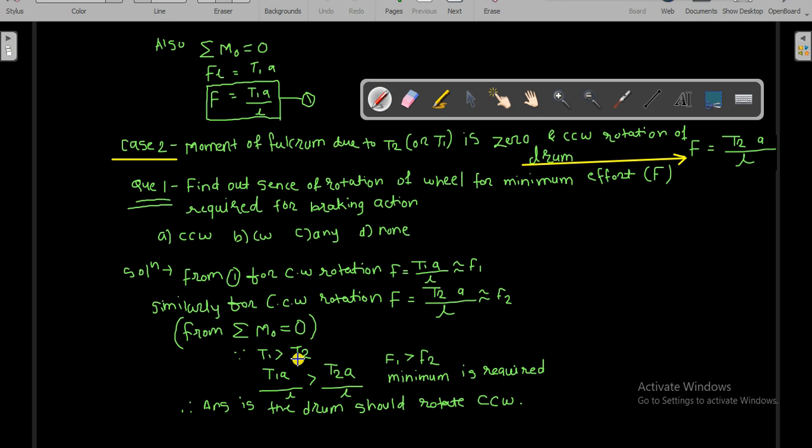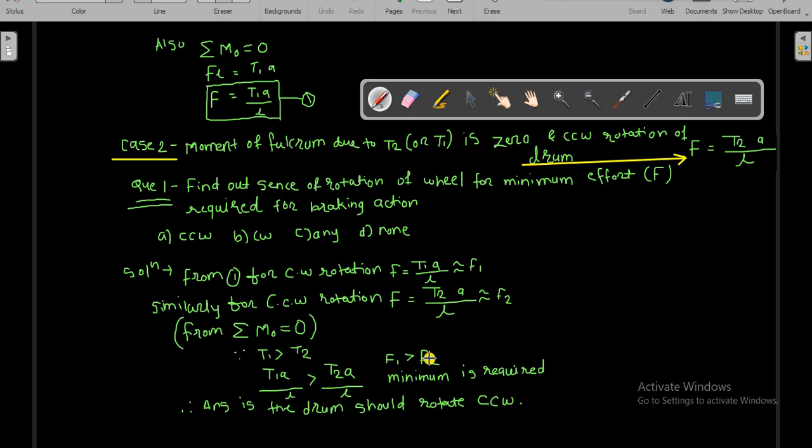Now you know that T1 is greater than T2, and in F1 and F2, A by L is a common thing, just the difference is T1 and T2. If T1 is greater, that means F1 is greater than F2. So for minimum effort, F1 and F2 are the efforts or applied forces, and we want minimum force.